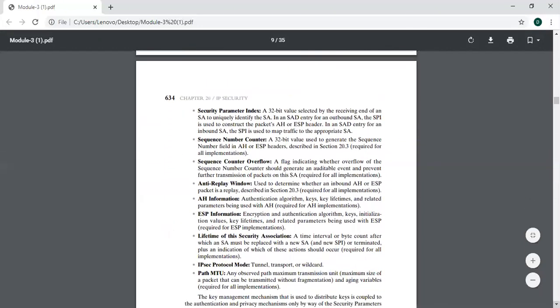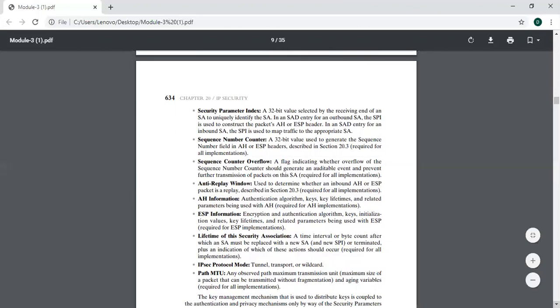It is defined with these things: security parameter index, sequence number counter, sequence counter overflow, anti-replay window, authentication header information, encapsulating security payload information, lifetime of the security association, IP security protocol mode, and path MTU. So the security association database consists of all these things.